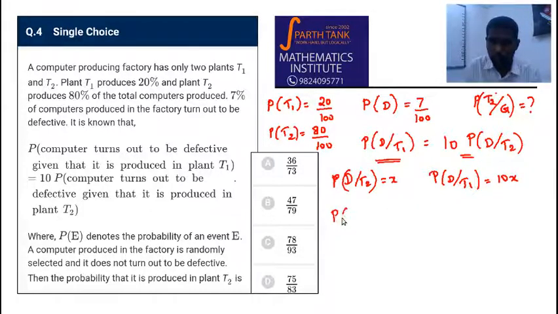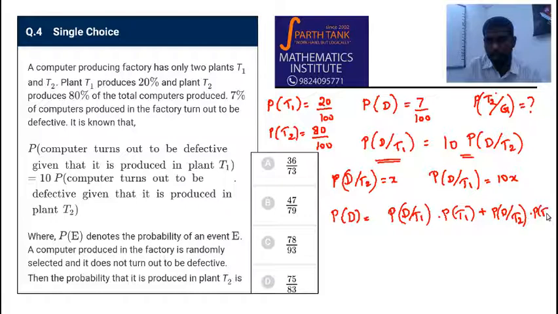Now we know that probability of D should be probability of D given T1 times probability of T1, that is, it is produced in T1 and the probability of it being defective, plus probability of being defective in T2 and produced by T2. That is, this 7 by 100 is, according to our calculations, 10x into 20 by 100, right? P of T1 is 20 by 100, plus x into 80 by 100.